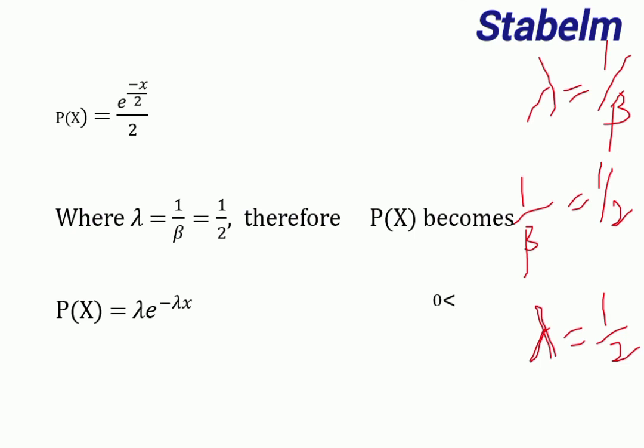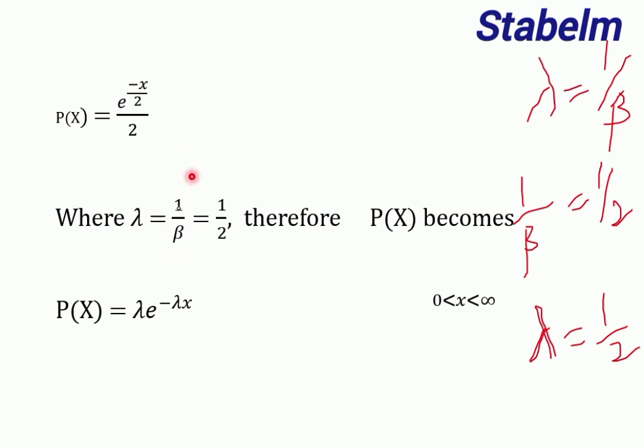We still have our interval x greater than 0, less than infinity. Now what we're saying here is this is lambda, which is equivalent to 1 over beta, in some exponential distributions, instead of using this.